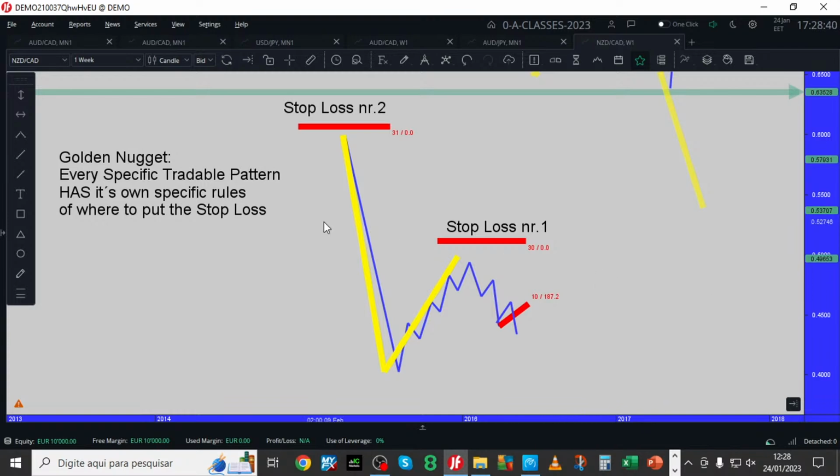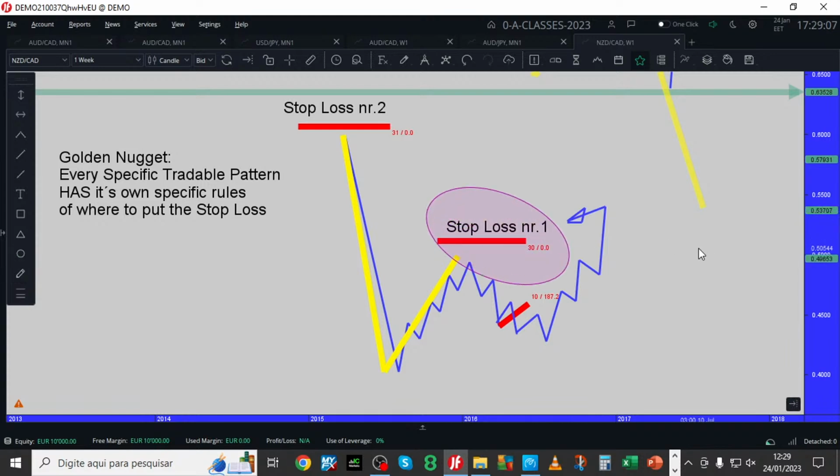Everybody, you are trading the yellow market wave. Everybody, this is the logic behind, pay attention. If you put the stop loss number 1 and the market starts to reverse and stops you out on the stop loss number 1, did the market break the pattern?